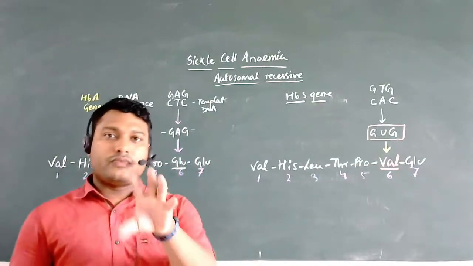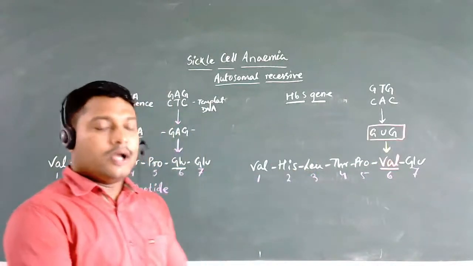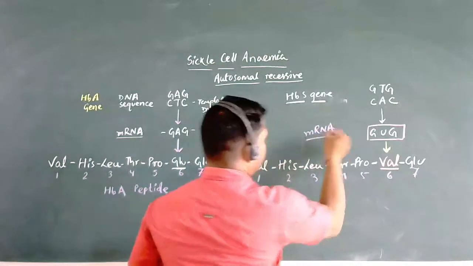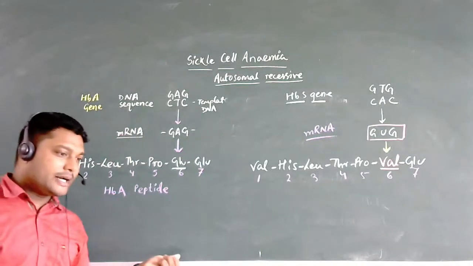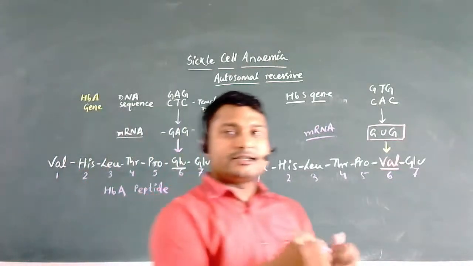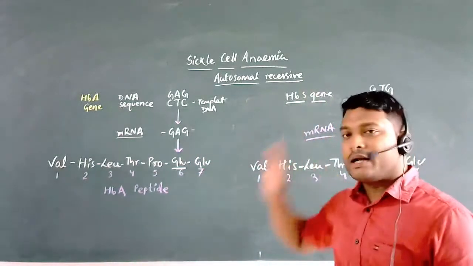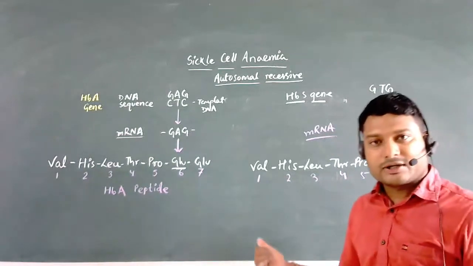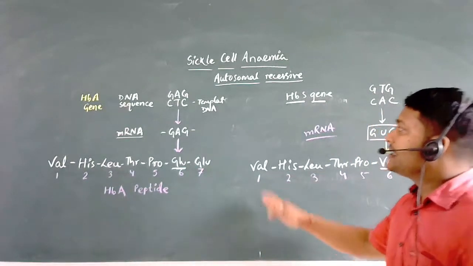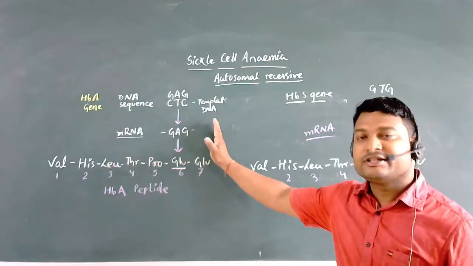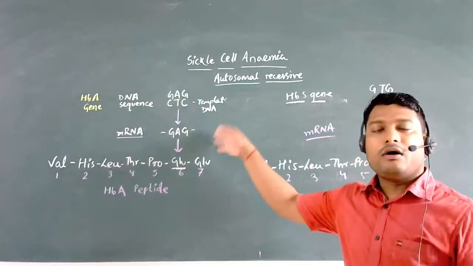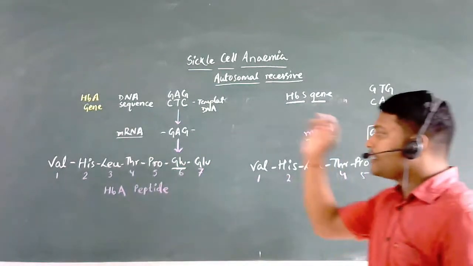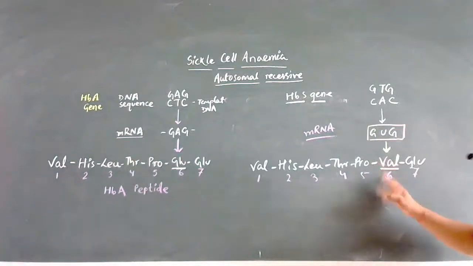Now when they give you one diagram out of these two, they'll give you the single diagram. Let me just put that one here. This is the mRNA. So as I was saying, if they give you one diagram and ask you to identify whether this particular diagram represents a normal beta globin chain or a mutated beta globin chain, or whether an individual with this particular sequence is going to be a normal individual or an individual who is going to suffer from sickle cell anemia, what you have to do is look for the 6th position of the beta globin chain of the given sequence.